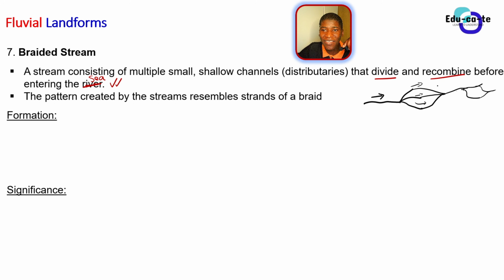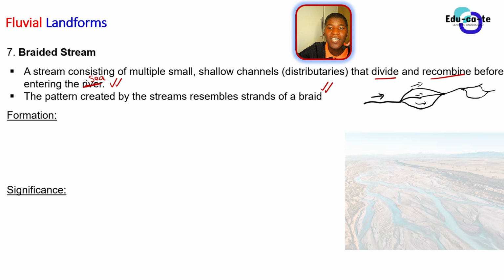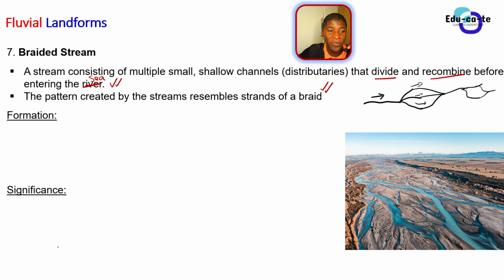So that makes it look like a braid, the braid that ladies put in their heads. The pattern created by this braided stream resembles the strands of a braid. So basically, this is how they look in real life. You can see that they are very beautiful. I would wish to tour in places like this.